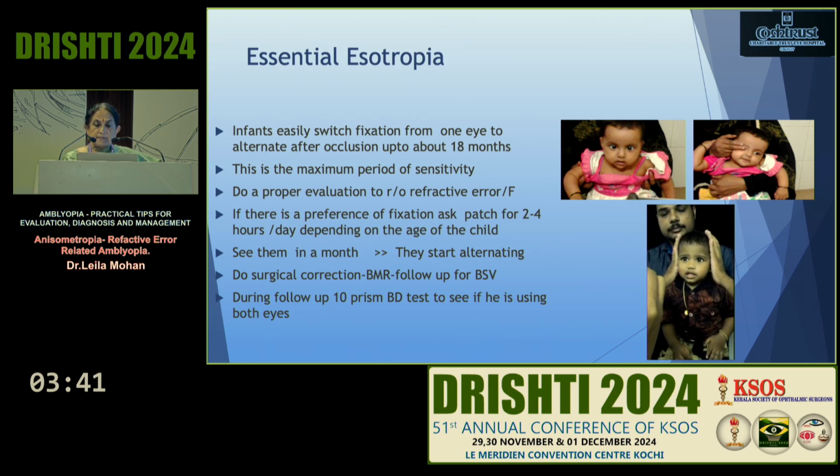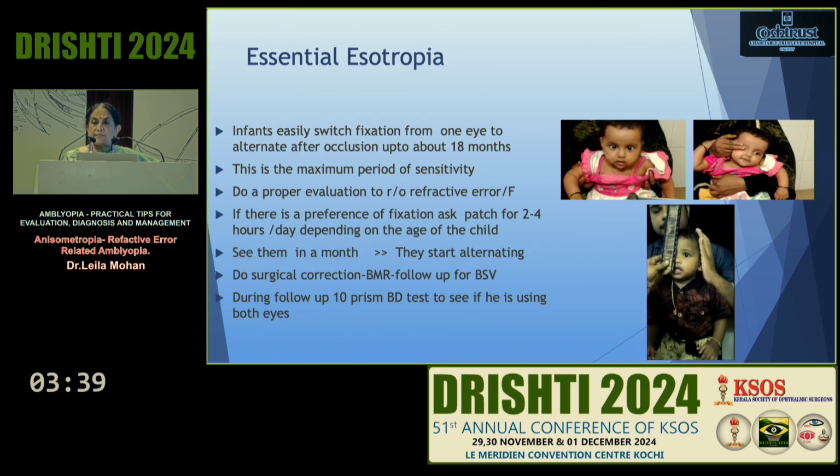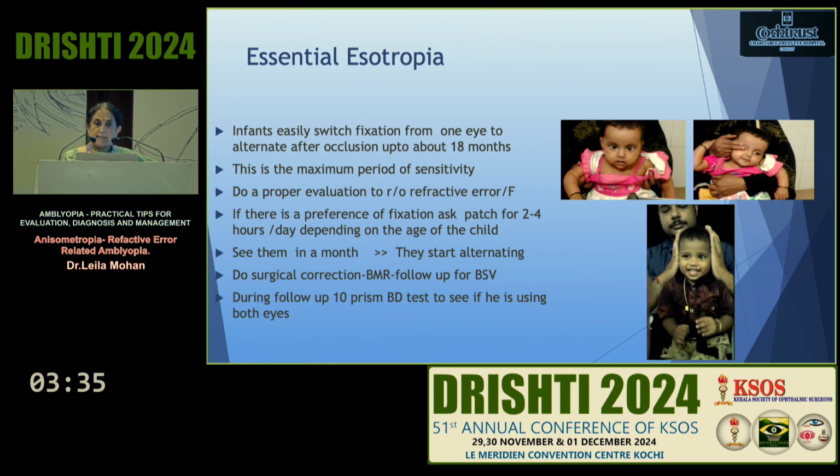During follow up, this is the technique using a 10 prism diopter base down test to see whether both eyes are being used equally. When the eyes are straight, you don't know whether he is fixing with both eyes, or whether his vision is equal in both eyes or not. So that gives you an idea of whether he is using both eyes equally.